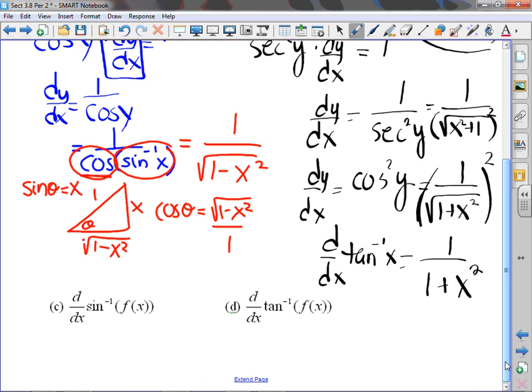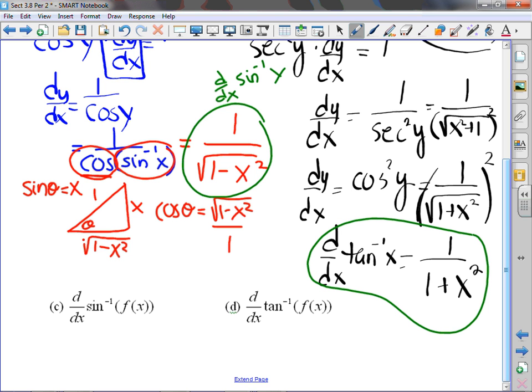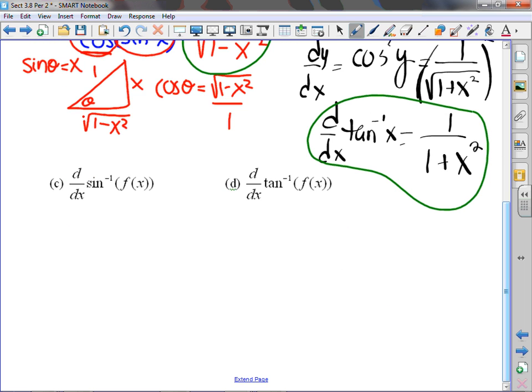Okay, so since we know this, that this was the derivative of inverse sine of x, and this is the derivative of the inverse tangent, let's do the chain rule. What's the derivative of this composite function?